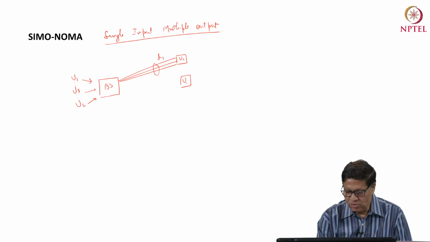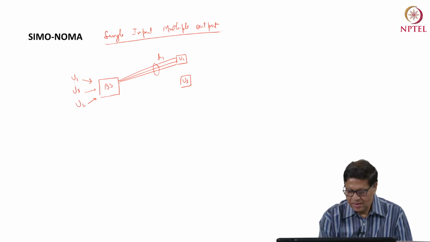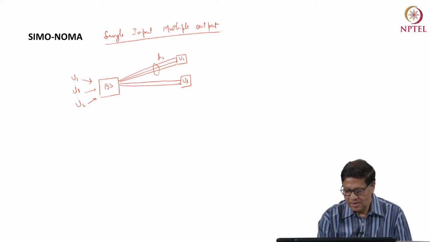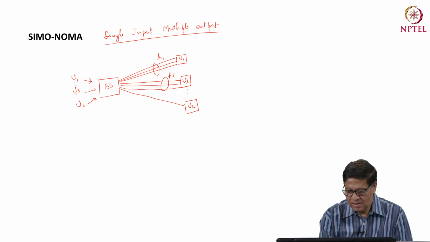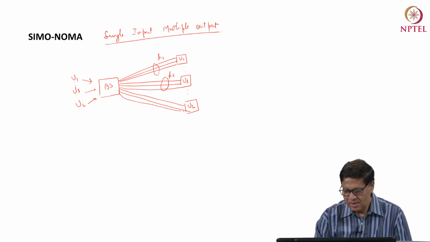Similarly, for UL, the channel coefficient is HL, and for capital L, this is H capital L.